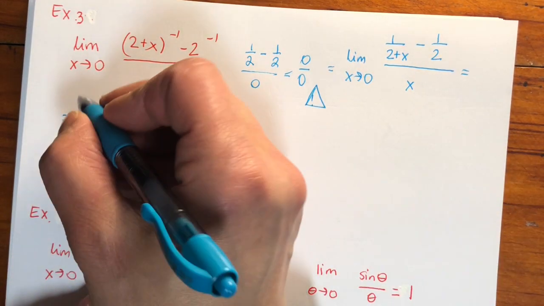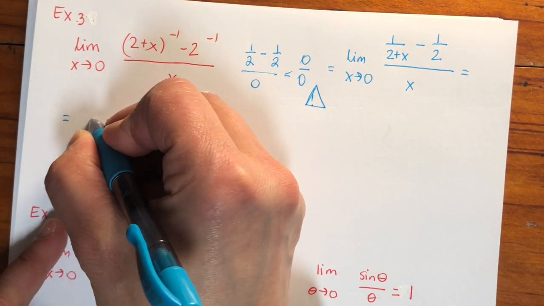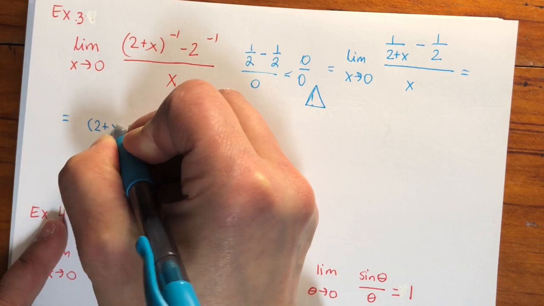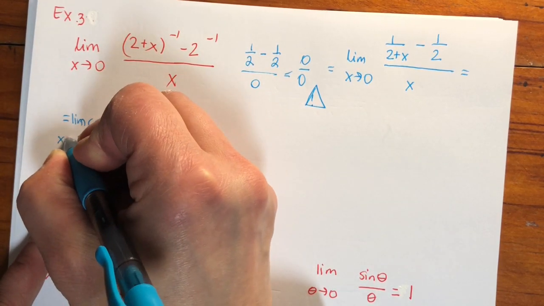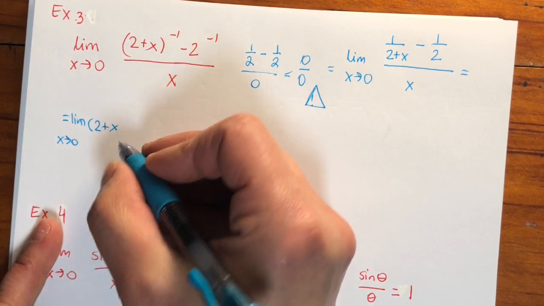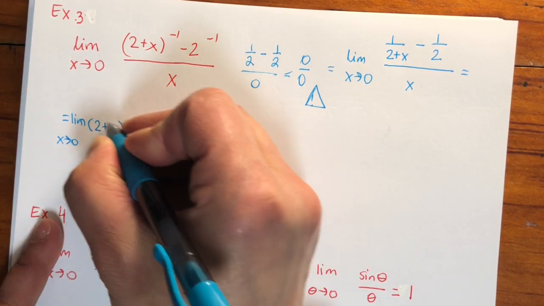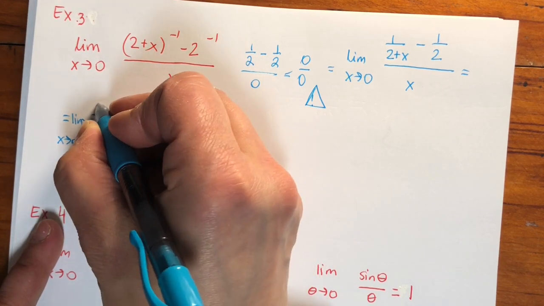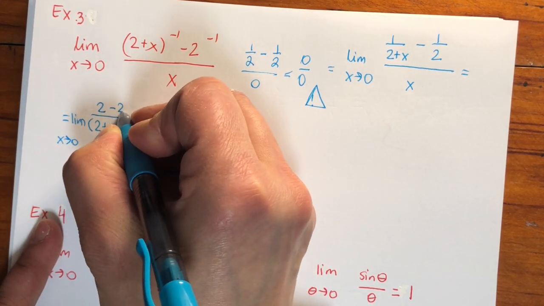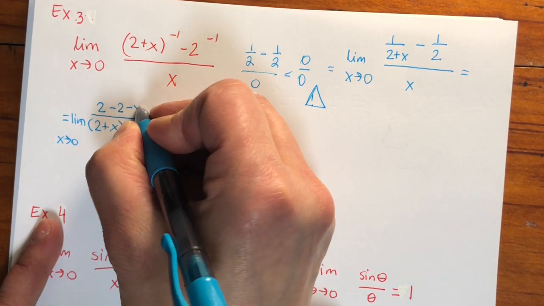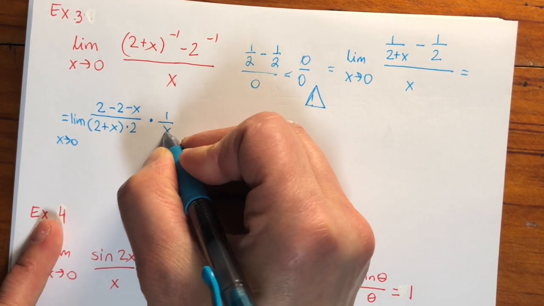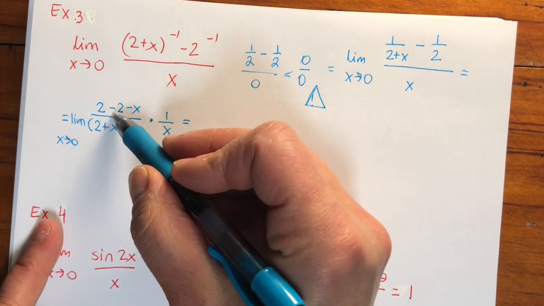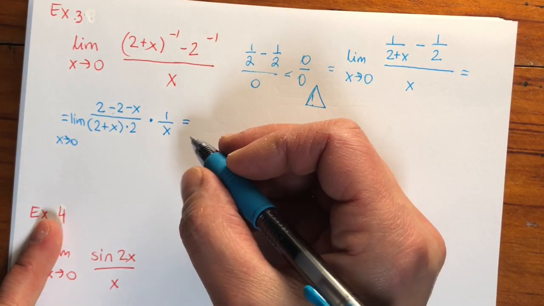Common denominator. Well, it looks really familiar, this example. 2 plus x. Let's not forget about the limit. 2 plus x times 2 is going to be my common denominator. 2 minus 2 minus x. And then divided by x, I am going to multiply by 1 over x. 2 minus 2 is 0.